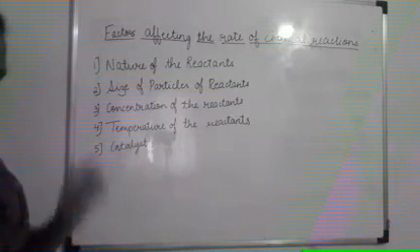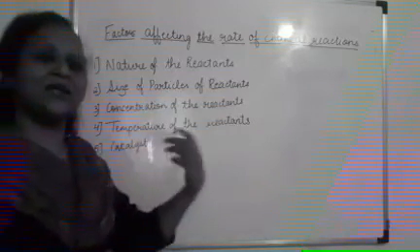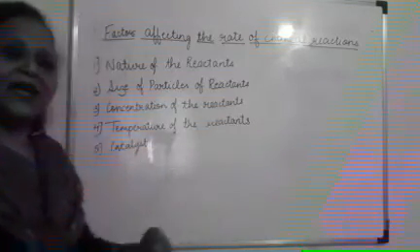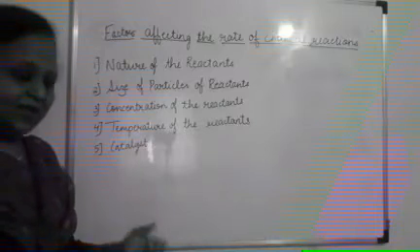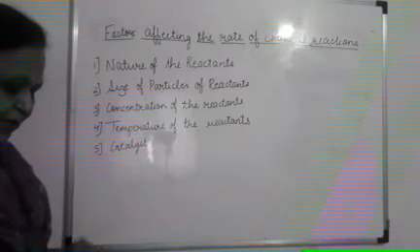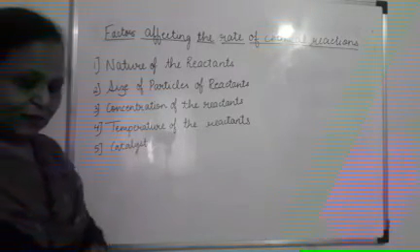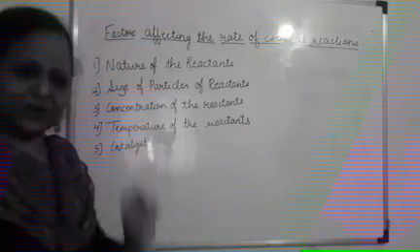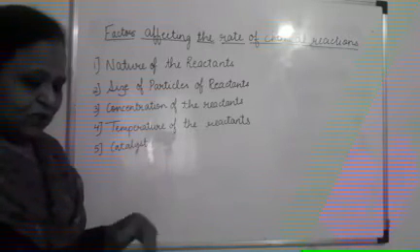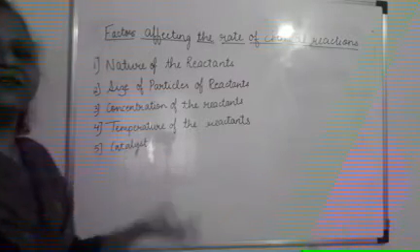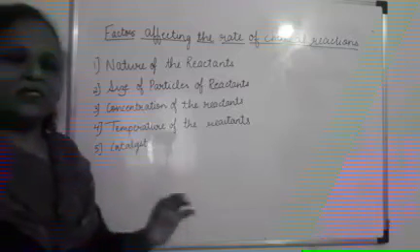What happened when aluminum reacts with dilute hydrochloric acid? It reacts very fast, faster than zinc. It means the nature of the metal is responsible for the difference. Aluminum is more reactive than zinc.